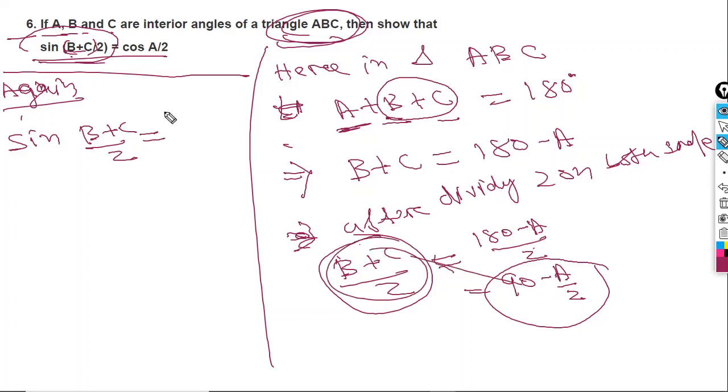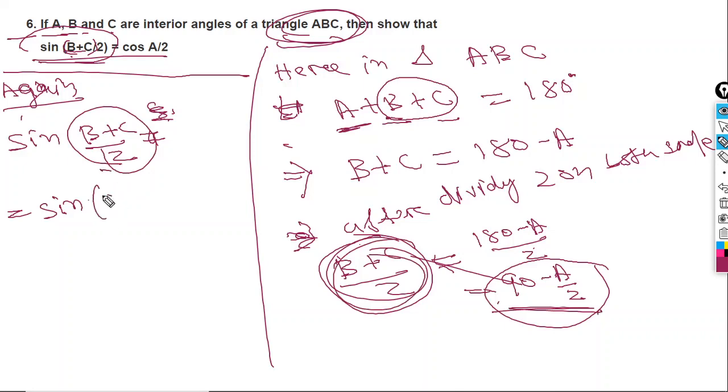So we directly write equal to sin, instead of B plus C by 2, here you can see it is equal to 90 minus A by 2. So I will directly write sin (90 minus A by 2).